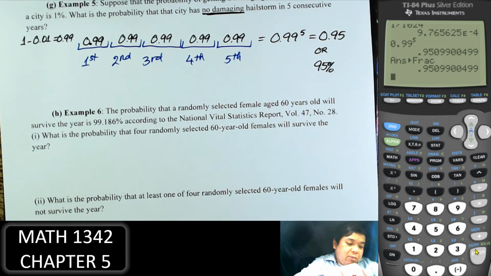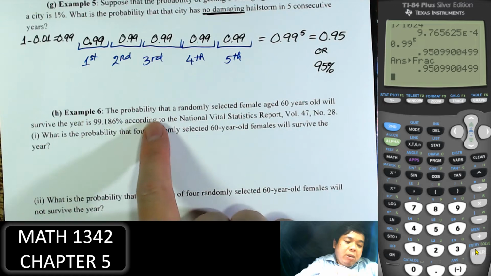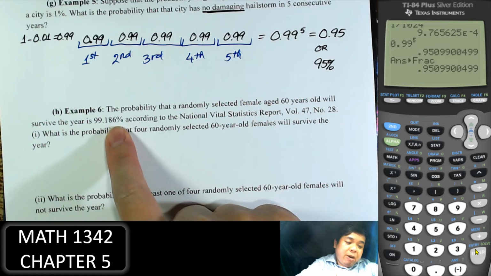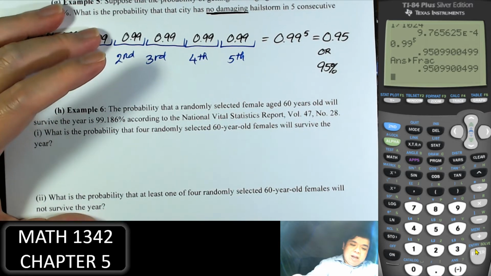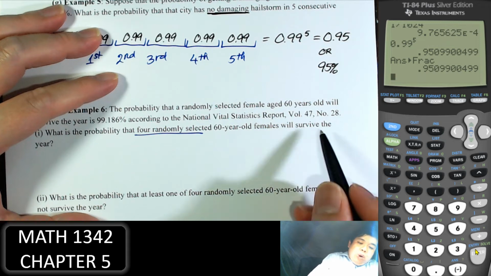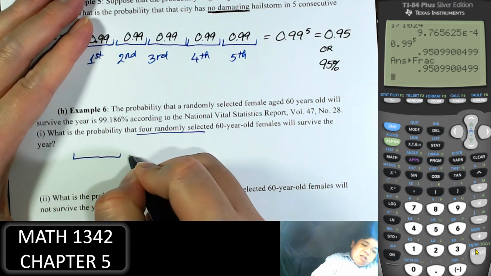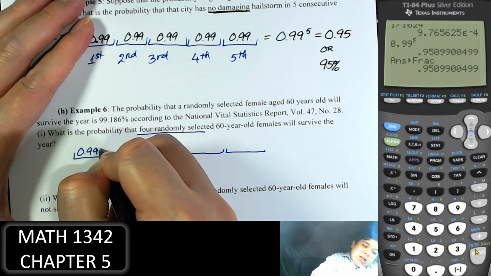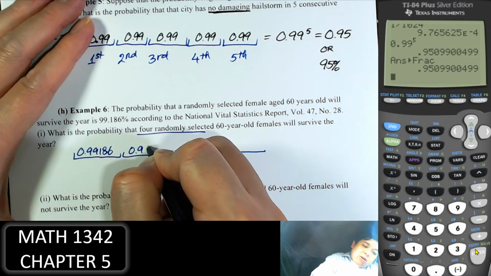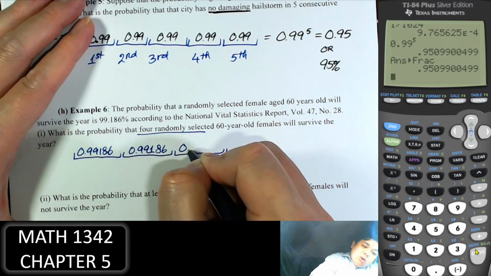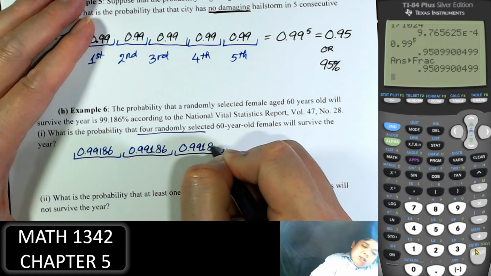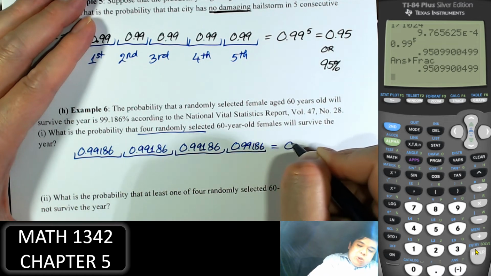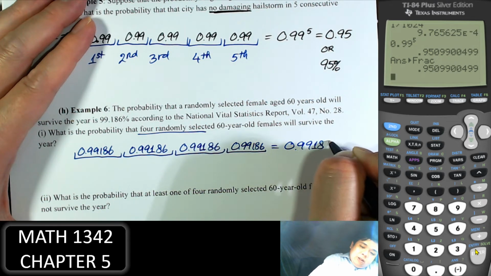We have the same example from earlier. The probability that a randomly selected 60-year-old female will survive the year. What is the probability that 4 of them selected randomly will all survive the year? So we just have 4 slots. In each slot we have 0.99186, so we have that to the 4th power.